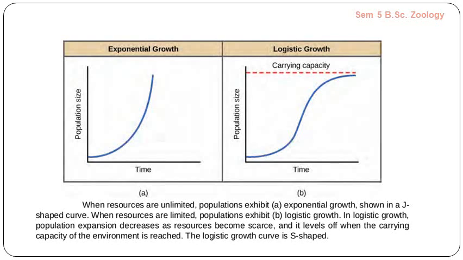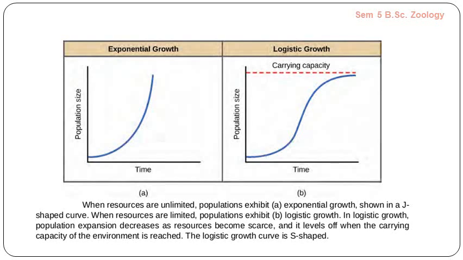In the S-shaped curve, the population growth decreases as the resources become scarce. That is, as the population increases, the resources available for each individual are reduced, and so at a point it levels off. There is no further increase when the carrying capacity of the environment is reached.